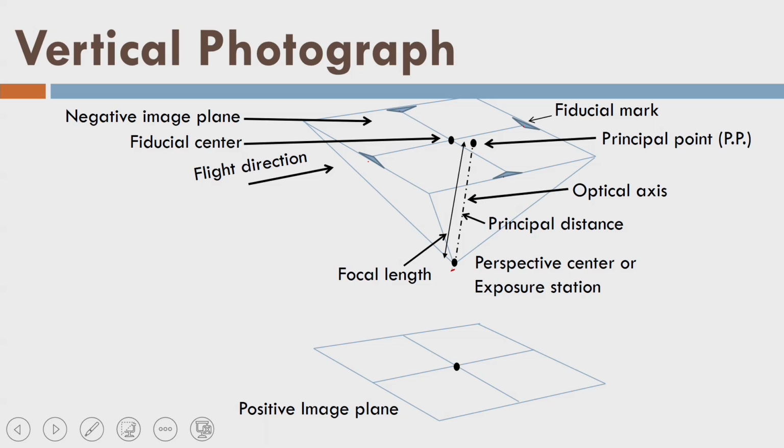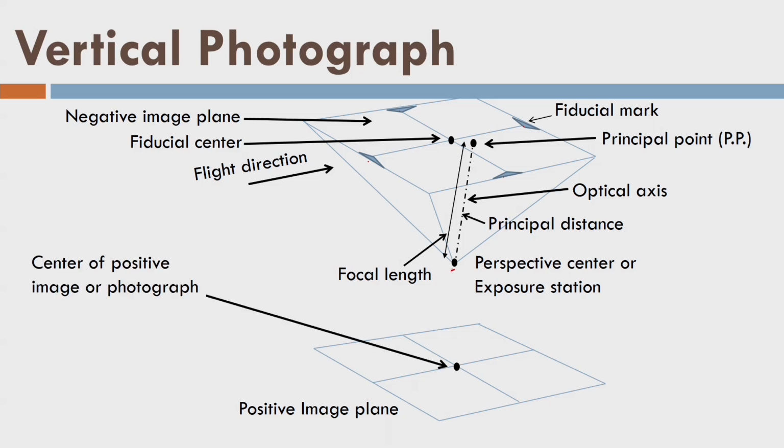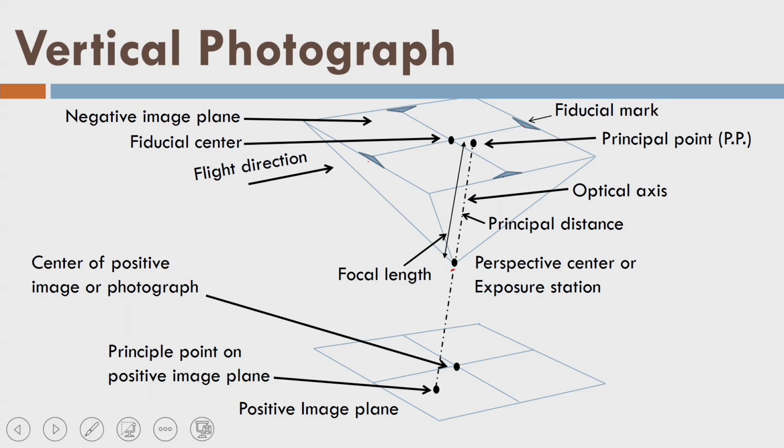This is the fiducial center of the image or photograph, or I can say there is a fiducial center on the negative plane. In the same way, if I mark the intersection of fiducial marks on the photograph as the center of the positive image, then if I extend the optical axis down towards the positive image, it will intersect somewhere here. So, this is the principal point on the positive image plane.